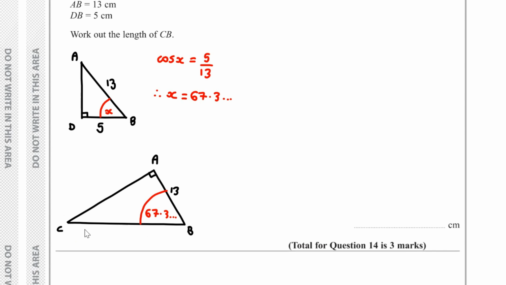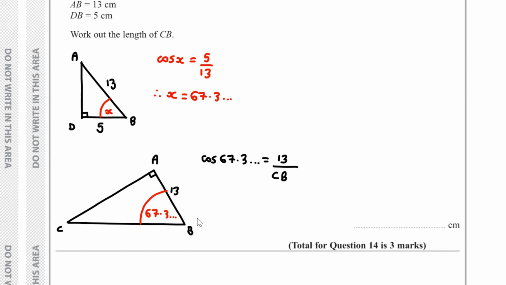Here, this is the hypotenuse, and this is the adjacent. What connects the hypotenuse to the adjacent is cosine. Therefore the cosine of 67.3, etc. is equal to the adjacent 13 over the hypotenuse CB.